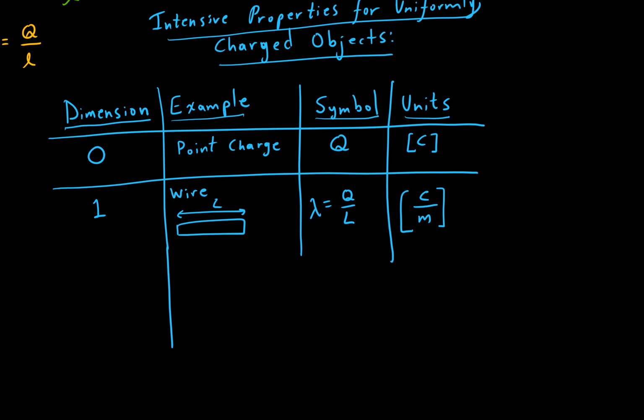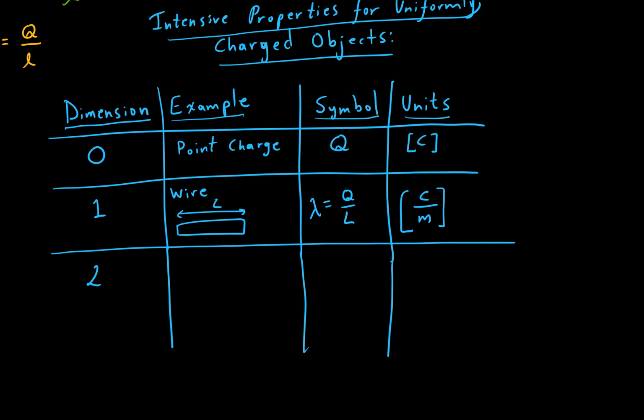And now we're going to look at a dimension we haven't considered yet, a two-dimensional object. We could consider this as a plate. A plate can have a bunch of charges on it as well, and those charges distribute themselves across an area A. So we can call this the symbol sigma, which is our charge per unit area, should those charges distribute themselves uniformly across the plate.